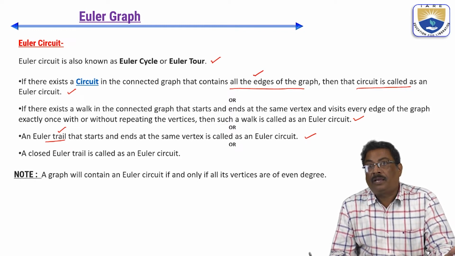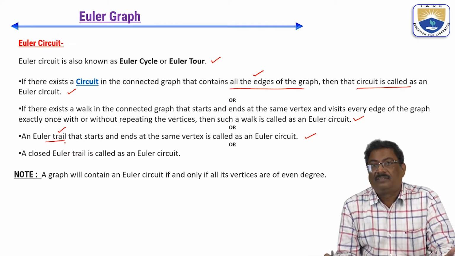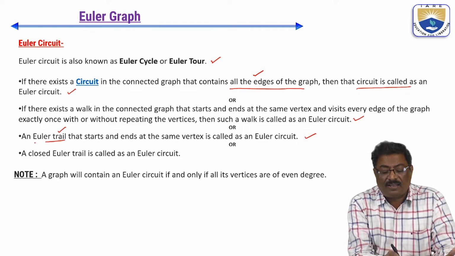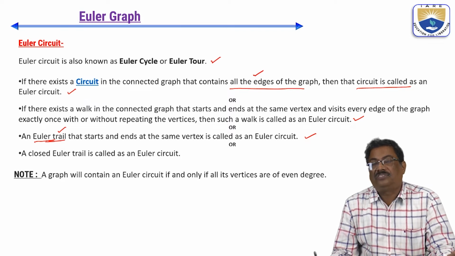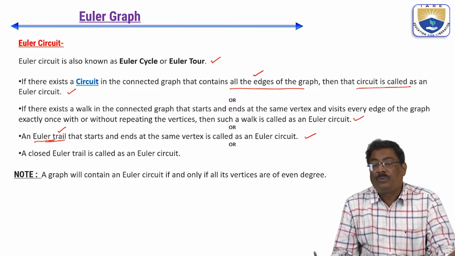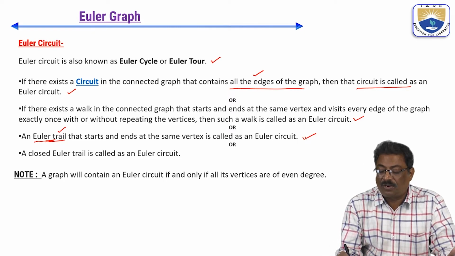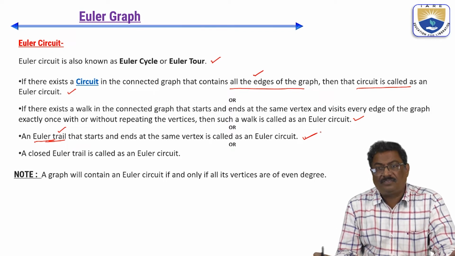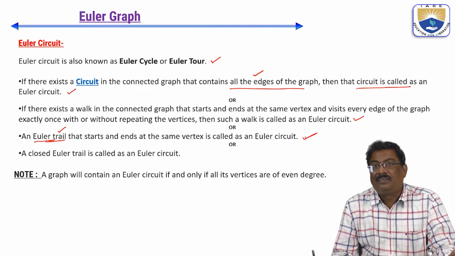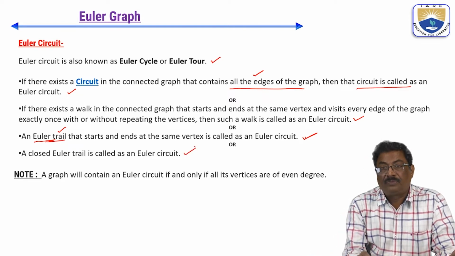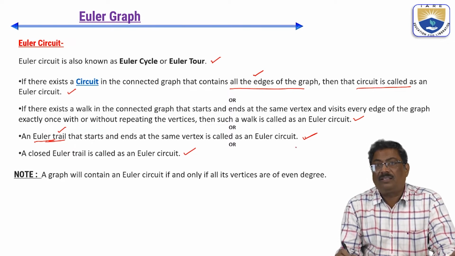Whenever the starting vertex and ending vertex are the same, then that is also known as a Euler circuit. Or I can say that a closed Euler trail is called a Euler circuit. Both are the same.